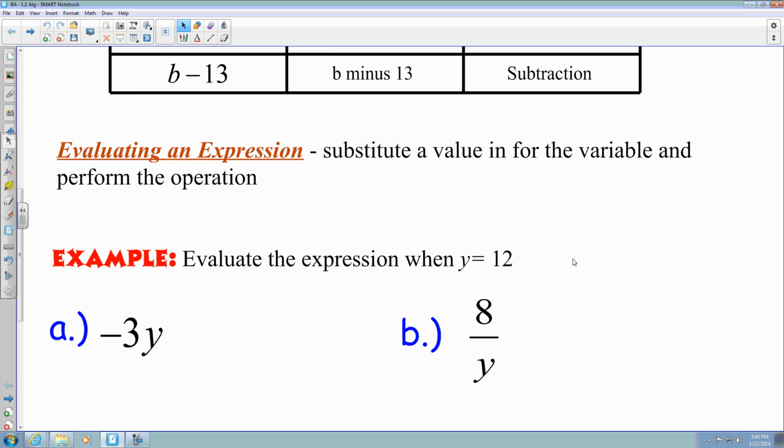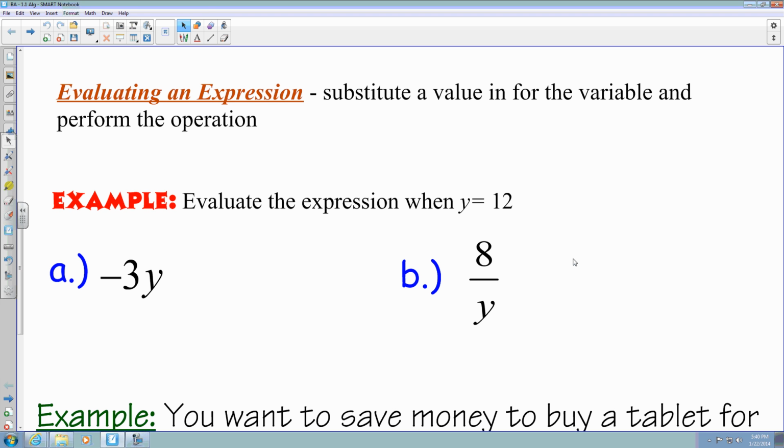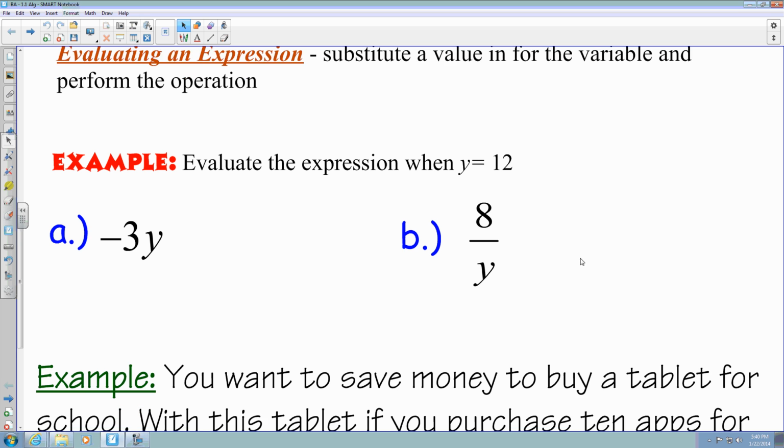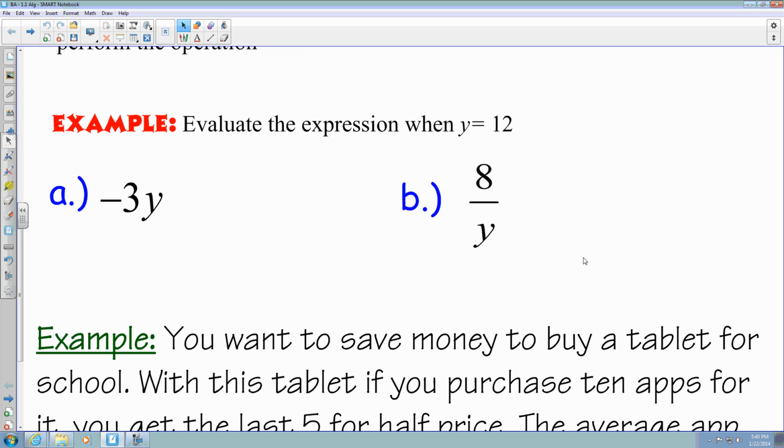When we are evaluating expressions, we're going to substitute a value in for the variable and perform that specific operation. So for examples A and B, we want to evaluate the expression when y equals 12.